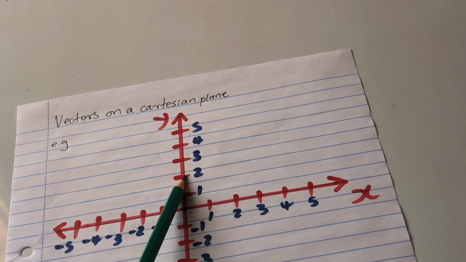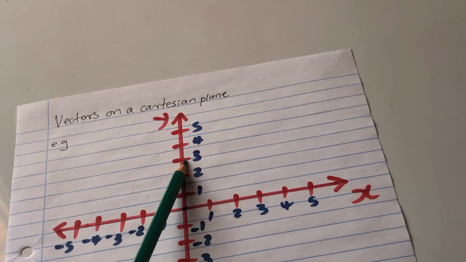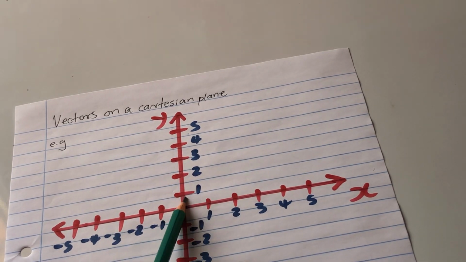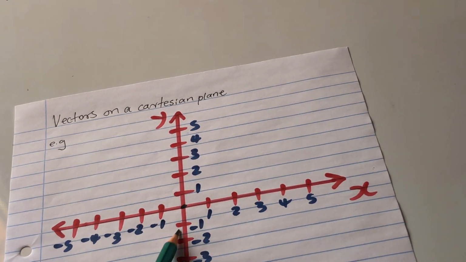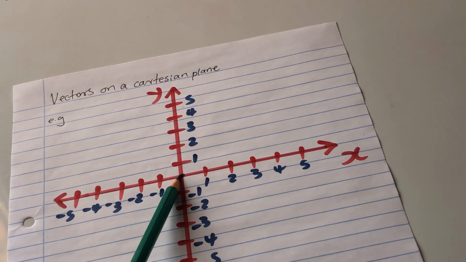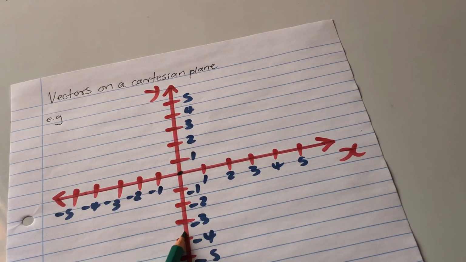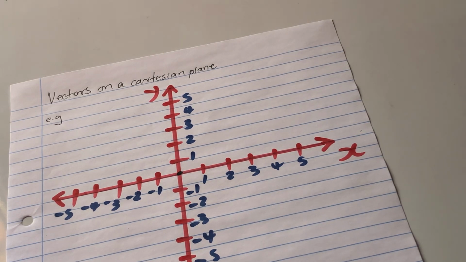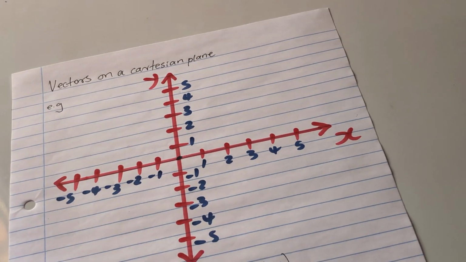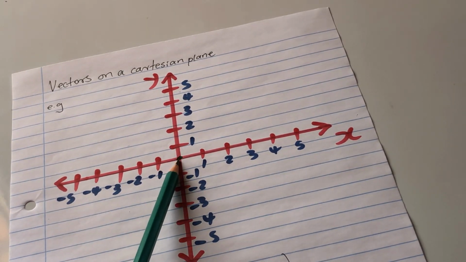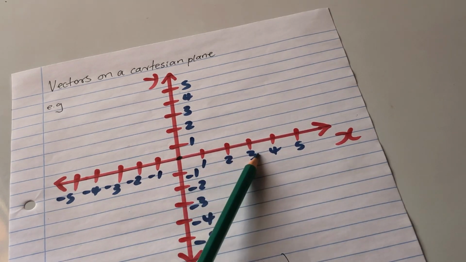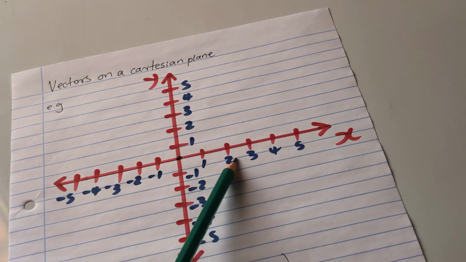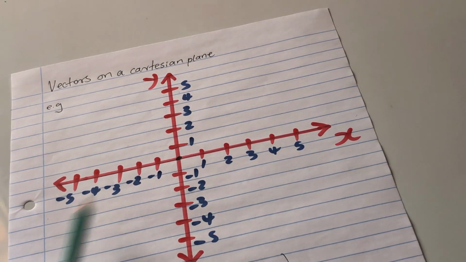This is 2 for y, 3, 4, 5 for y. Going upward, we have positive numbers, which are values of y. If I move from this point going downwards, we have negative numbers. These are y coordinates carrying a negative sign. Moving from this point, going to the right, we have positive x numbers, which are coordinates of x.